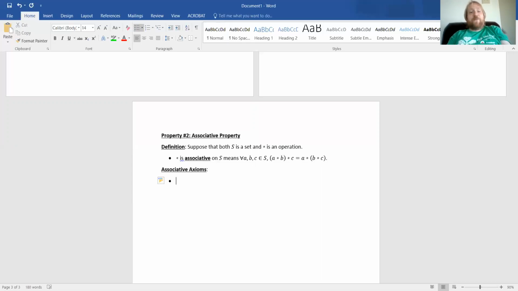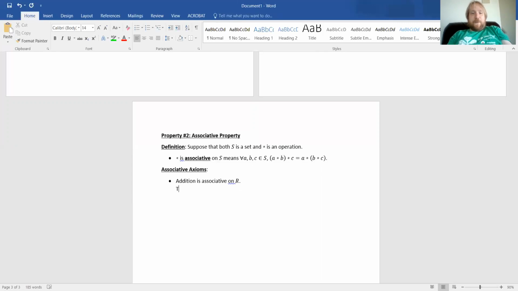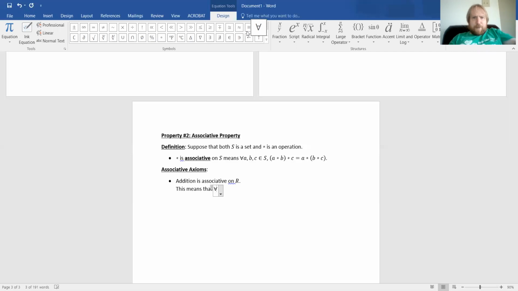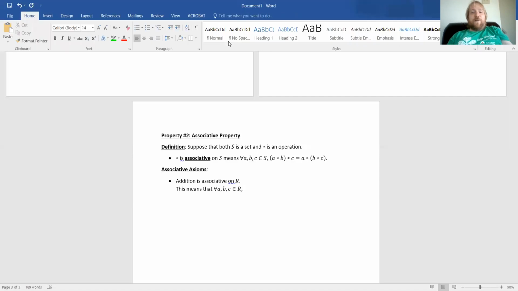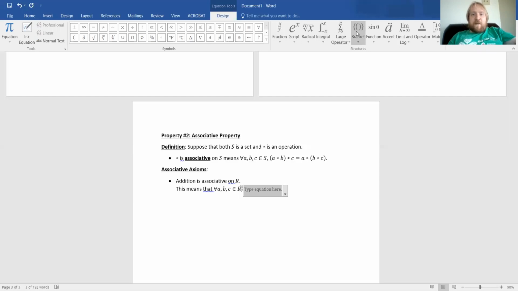Addition is associative on the reals. This means that for every triple of elements A, B, and C in the reals, the quantity A plus B, plus C, equals A plus the quantity B plus C.